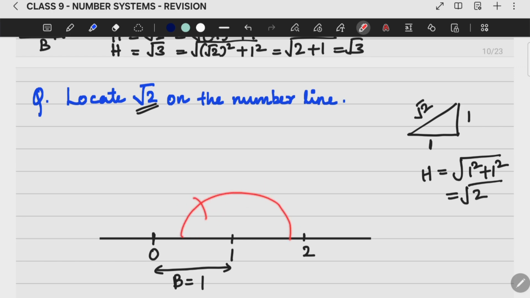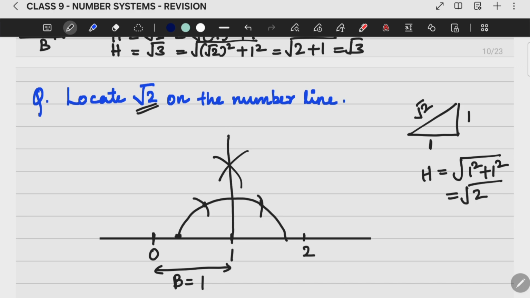Keeping 1 at the center and the radius of the compass a little bigger, draw a semicircle arc. Then cut 2 arcs, and with this as a center draw an arc, and with this as a center draw an arc. Automatically you will get a perpendicular.